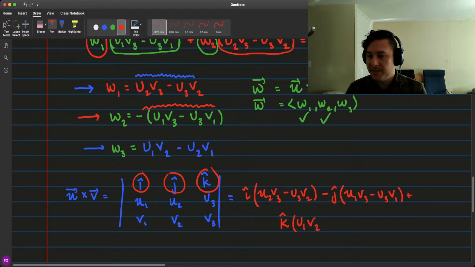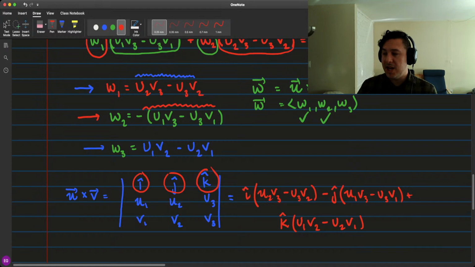Okay, so I'm going to talk about exactly what's going on here. The I unit vector, which variable would you like to think of it as? The I unit vector is what axis?